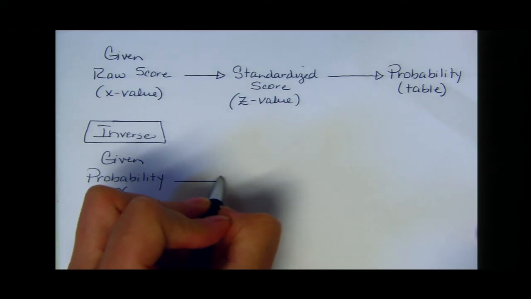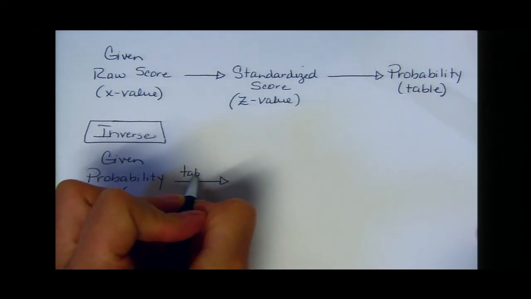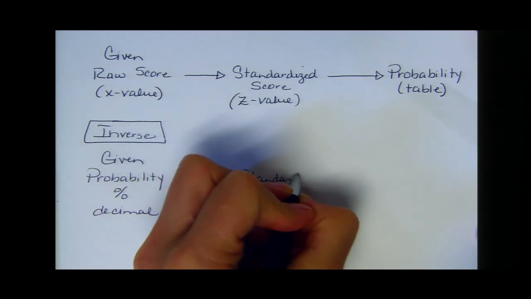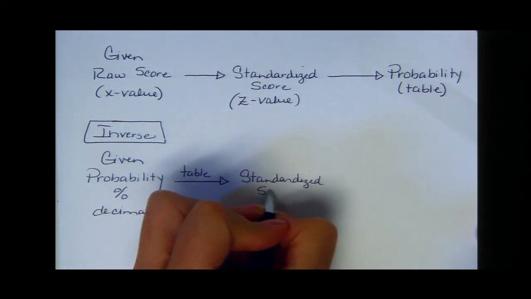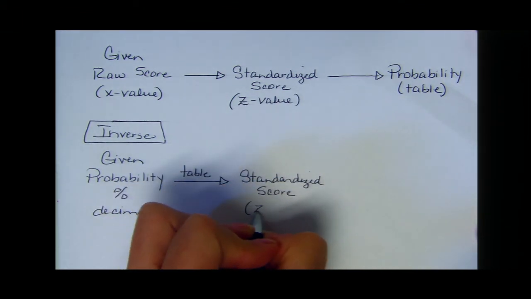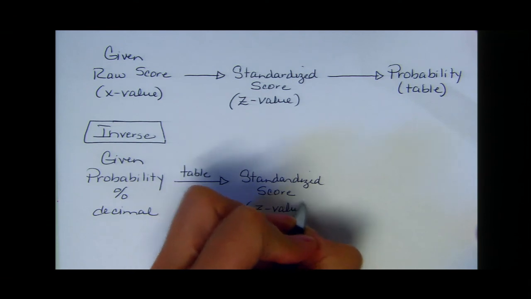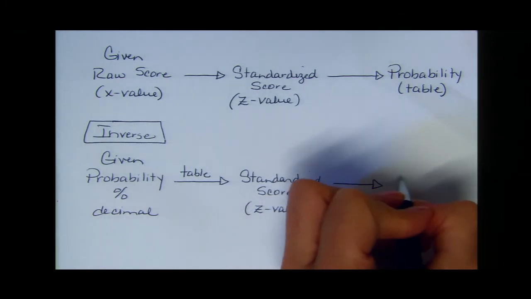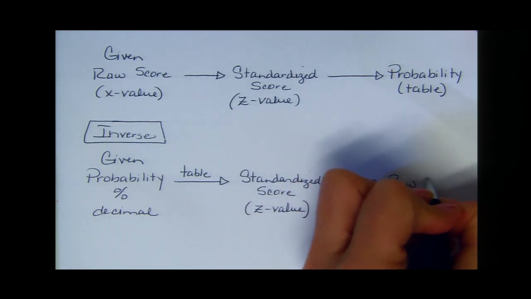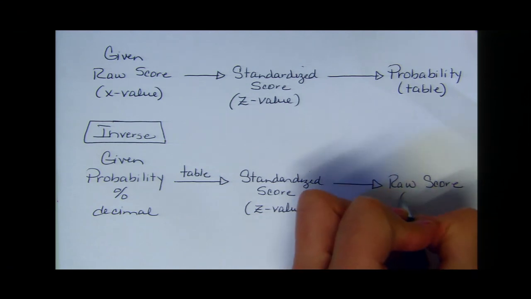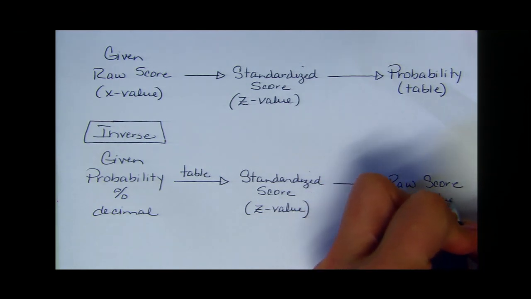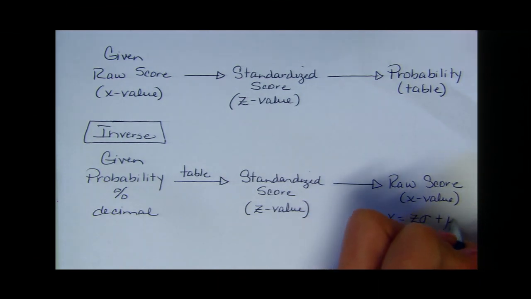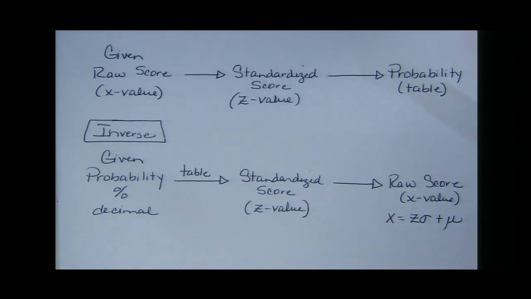Then we will go to the table to find the appropriate standardized value or standardized score, which is your z value, and that's where we worked backwards. And then sometimes once we find this, we then need to calculate the raw score or the x value by using x equals z times sigma plus mu. So that's kind of the process.